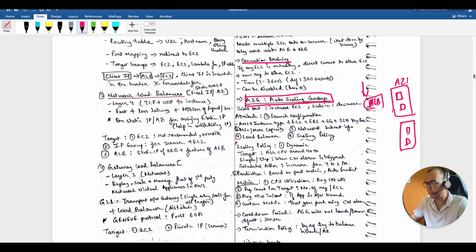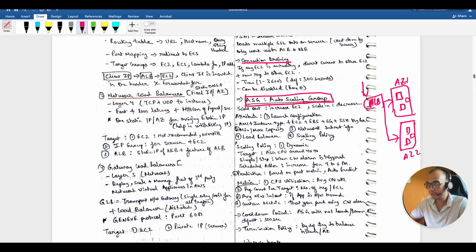So this is AZ1 and this is AZ2. Your Application load balancer is going to distribute the traffic here, and the Auto Scaling group is going to decide how many instances to launch in each AZ. These are small things which you have to understand.